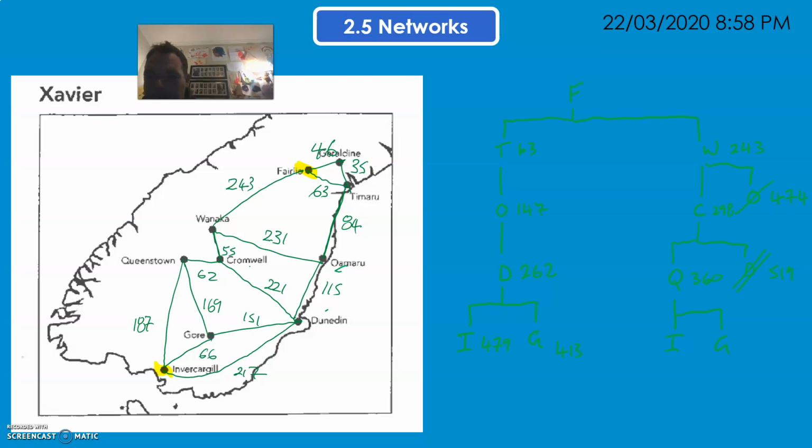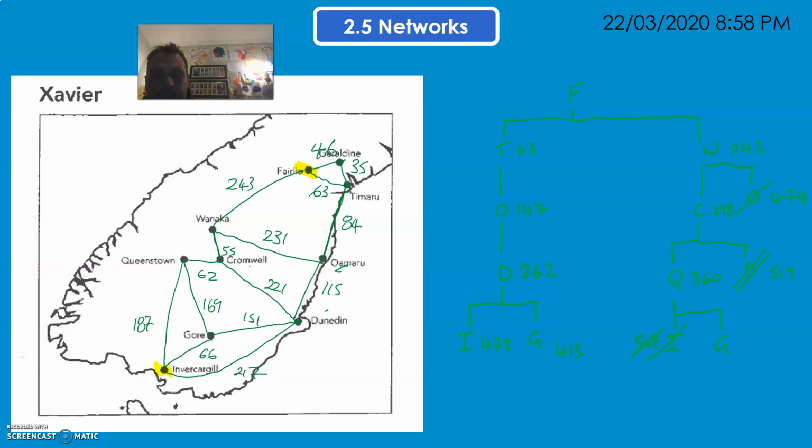And if I go from Queenstown, that'll be 360 plus 187, which equals 547. So that's no good because I've got the 479.